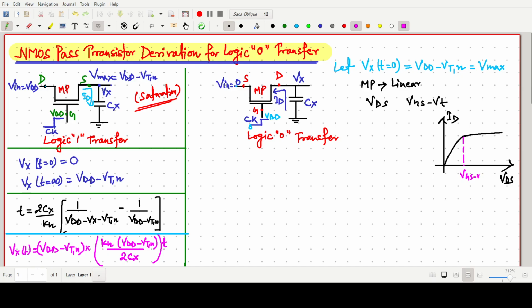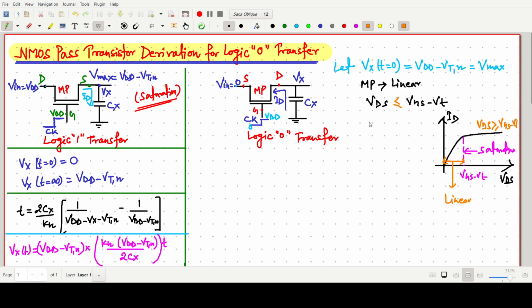This is VGS minus VT. This side is our saturation, and this side is our linear. So when VDS is less than or equal to VGS minus VT, it is in the linear region, and for saturation, VDS should be greater than or equal to VGS minus VT.